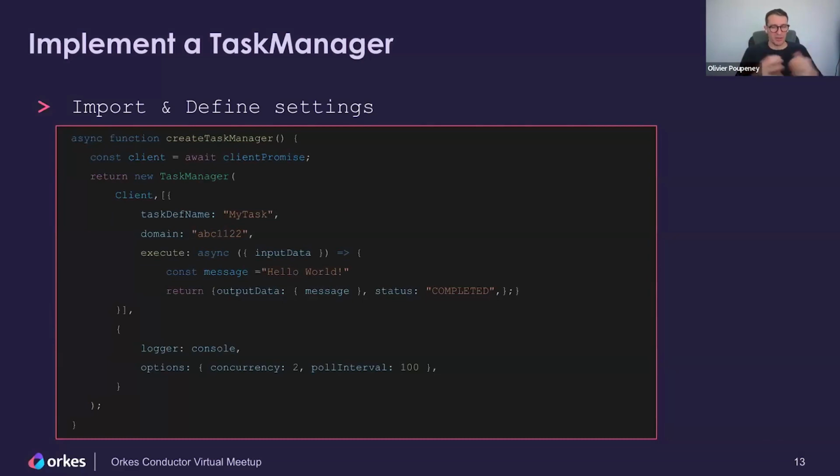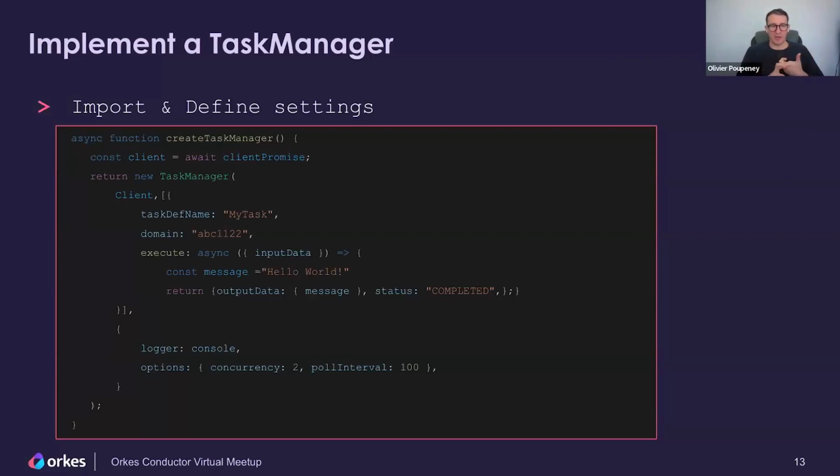If you deploy it at large scale, those options can be different, of course. So what you have to do here in your task manager is resume your client promise in an object, and then you return a new task manager for which you define the task definition.